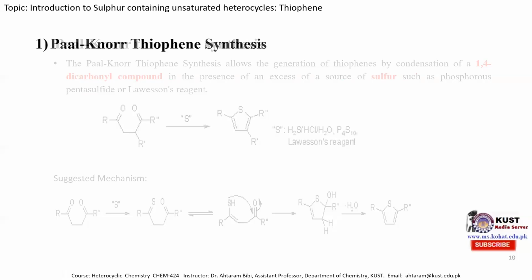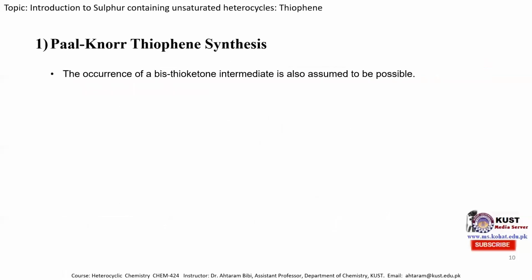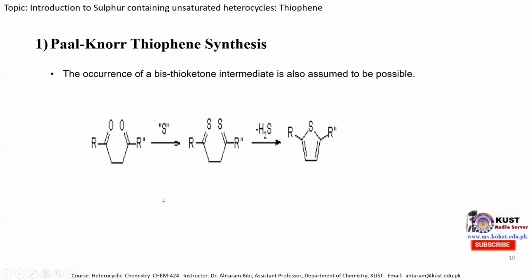The second suggested mechanism for the Paal-Knorr thiophene synthesis is that it can occur through a bis-thioketone intermediate. It is possible that when the 1,4-dicarbonyl compound reacts with the sulfur moiety, both carbonyl oxygens are replaced by sulfur atoms, and then hydrogen sulfide is eliminated to produce the thiophene molecule.